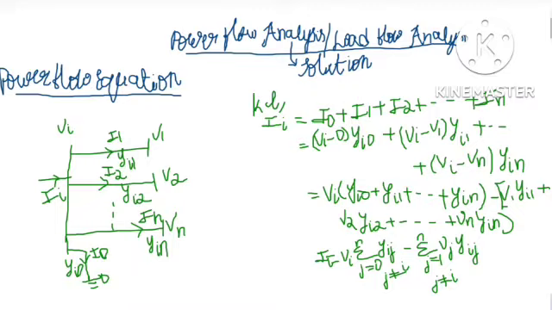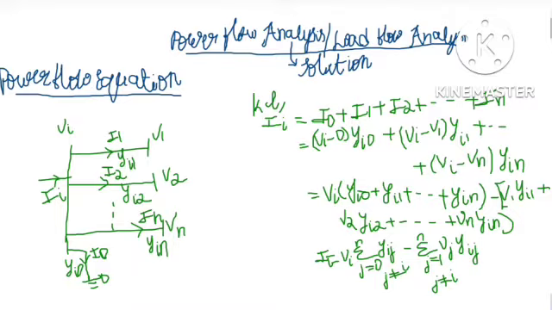Now, what is I0? I0 is Vi minus 0 into Yi0. Similarly, what is I1?